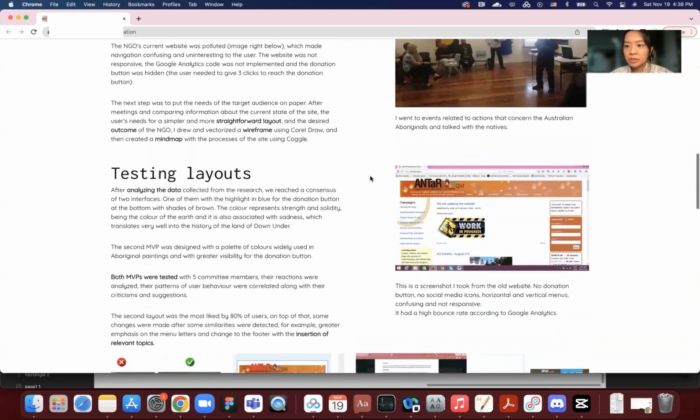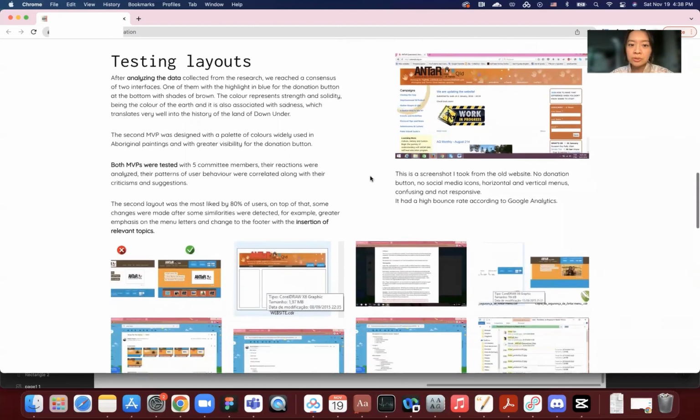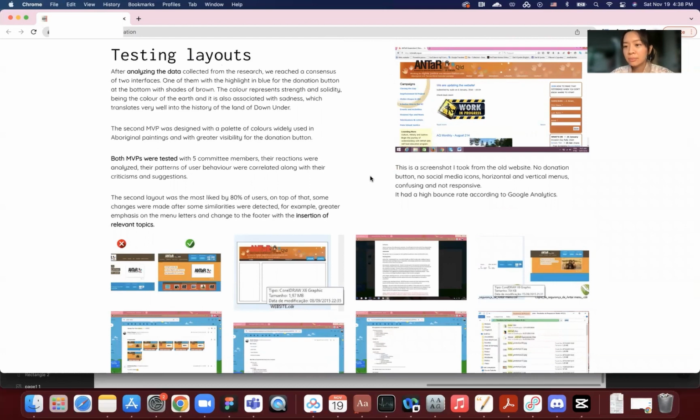I highly encourage all designers to include the design explorations in their case study, because from an interviewer's perspective, without seeing the different design variations you have created, it's hard to know whether or not a designer can think out loud to come up with different alternative solutions to solve a problem. So showing design exploration is definitely very critical.